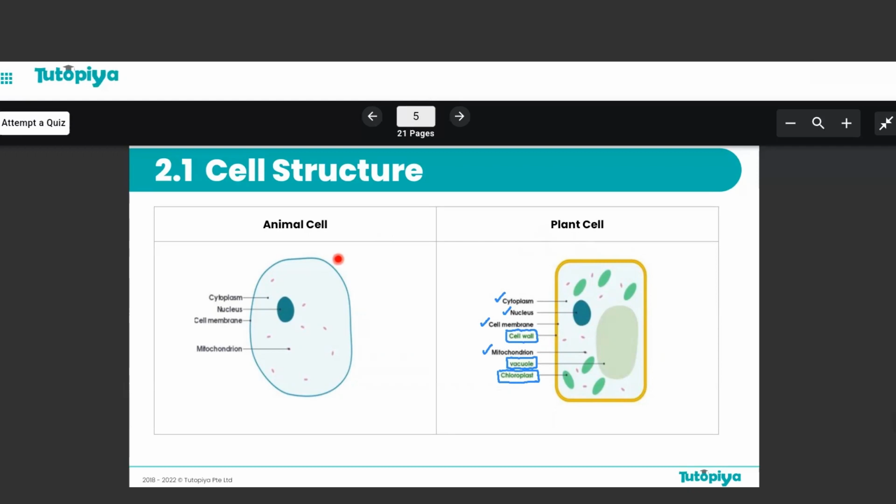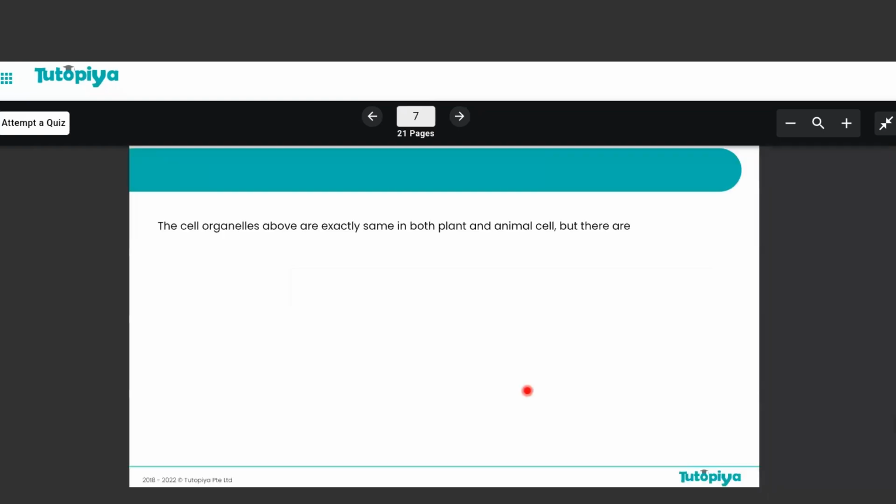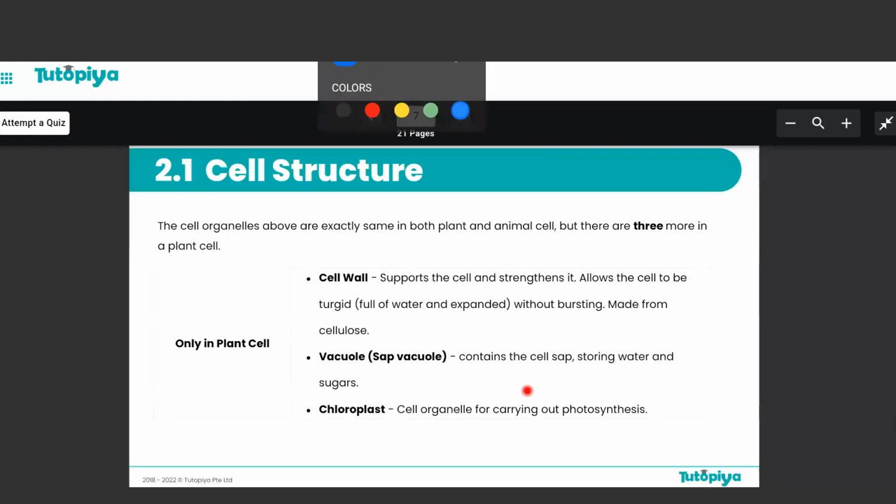Let's go into detail about these additional structures that are only seen in the plant cell. All right. So let's start off with the cell wall.